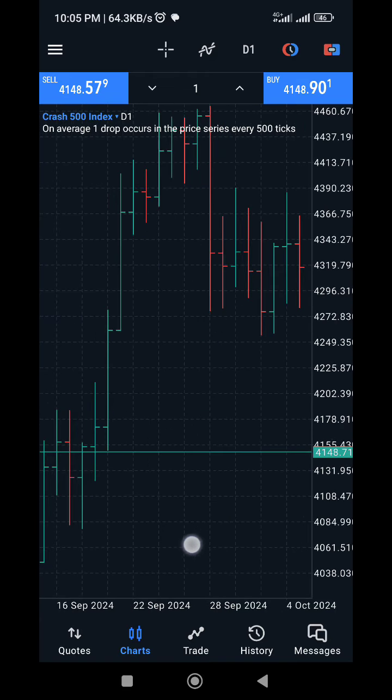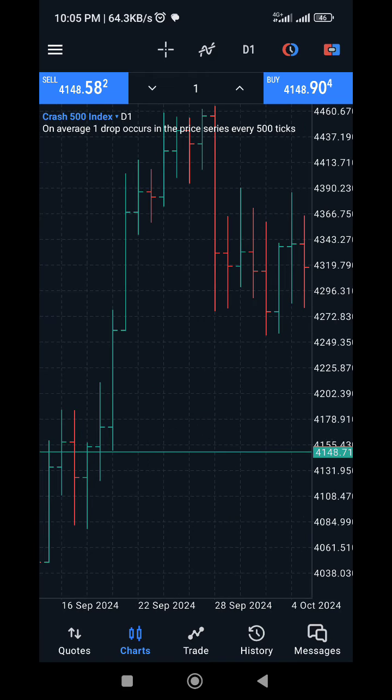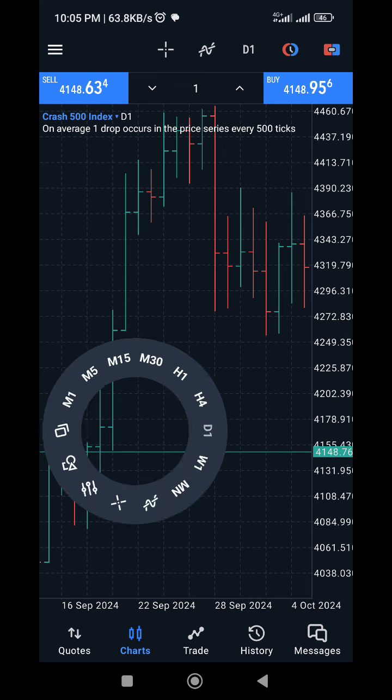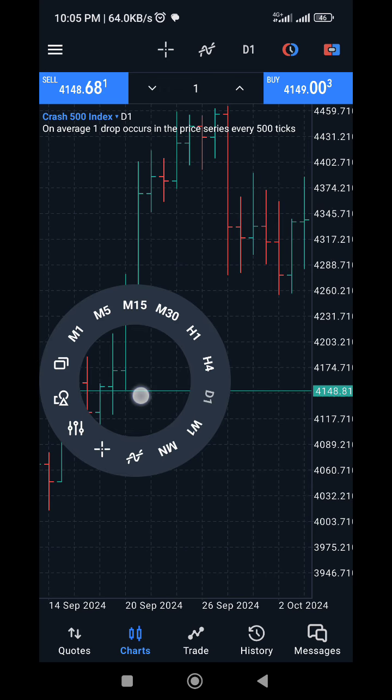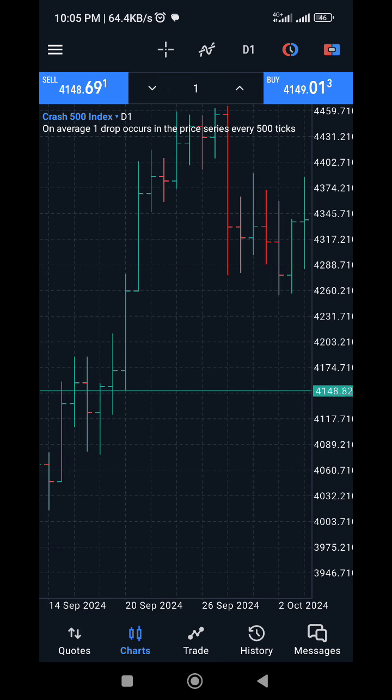The last time I explained that in a bar chart, each line represents a candle. Especially in the movement of price, because we are on the daily time frame, each of them represents one day. Price has the high, the close, the open, and then the low.